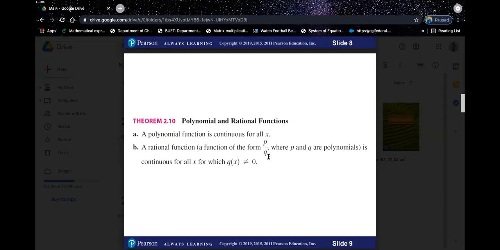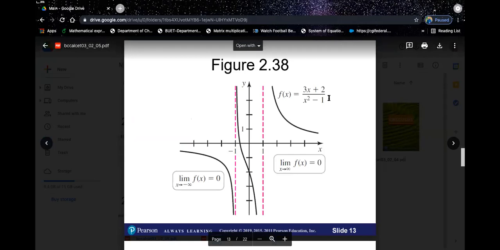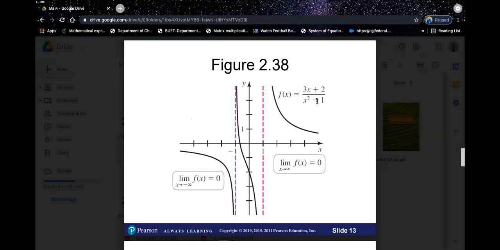I can give you one really good example of it. What if I say that the denominator is x squared plus 1? Then for which value can your denominator become 0? Can you find any value of x for which x squared plus 1 will be 0? And the answer is no, because if you solve x squared plus 1 for x, it will give you an imaginary number, right?